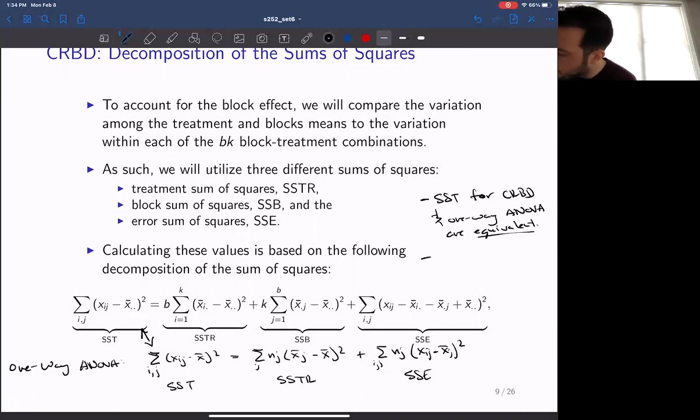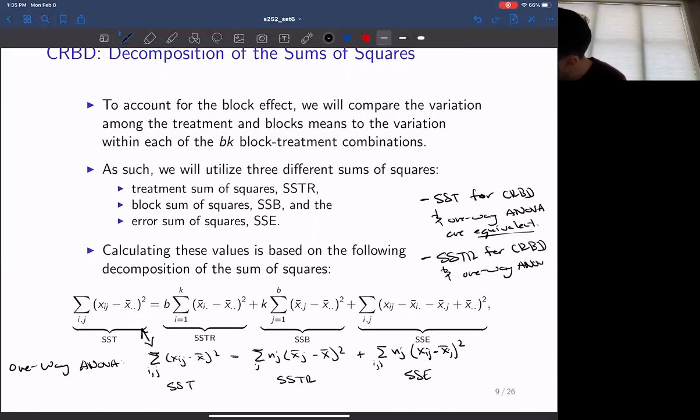Now, we can also show SSTR for CRBD and one-way ANOVA are equivalent. Now, why is this true?